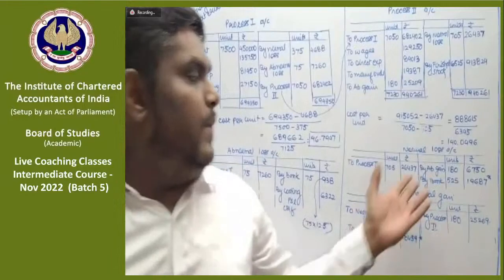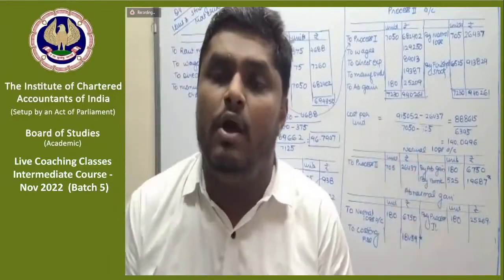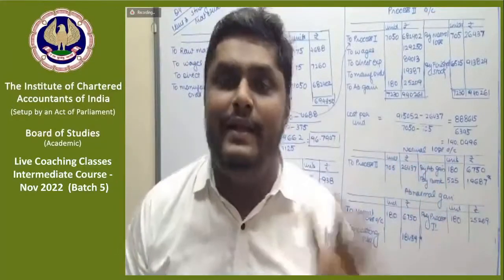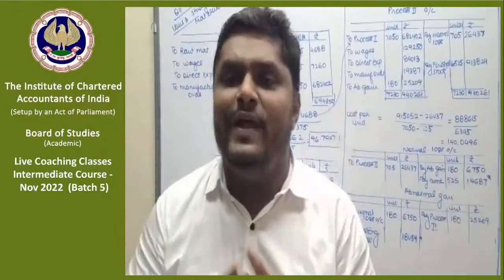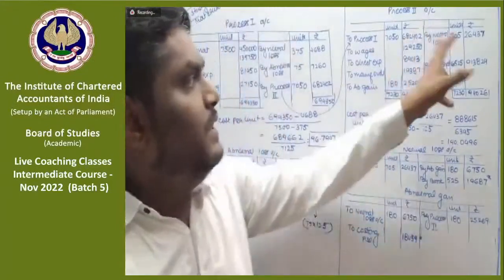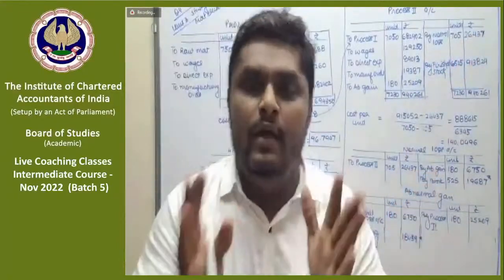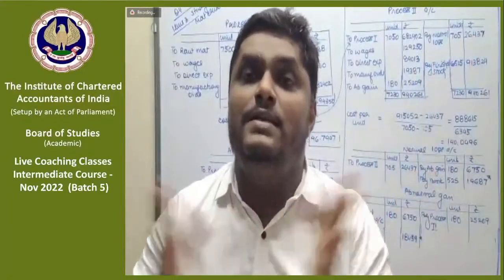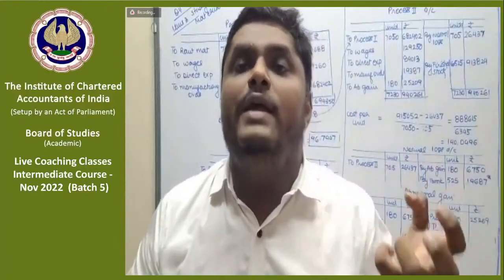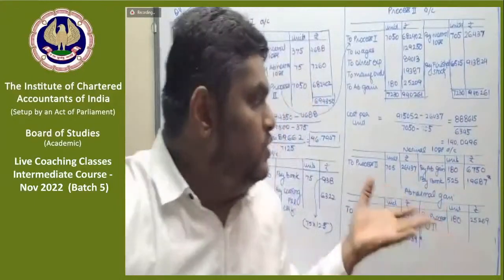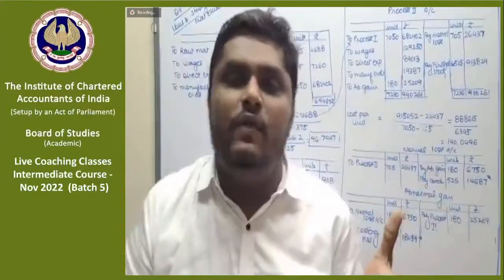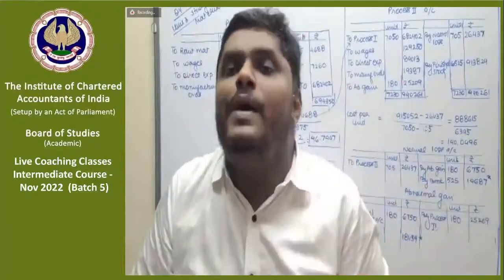When talking about normal loss and abnormal gain account, I have already discussed this part in detail, but still few students are finding it difficult. So see, guys, the normal loss is 705, 264, 437. Now, as discussed in the last class, what is abnormal gain? It's a saving in the normal loss. So here my normal loss is 705 units. However, my abnormal gain is of 180 units.